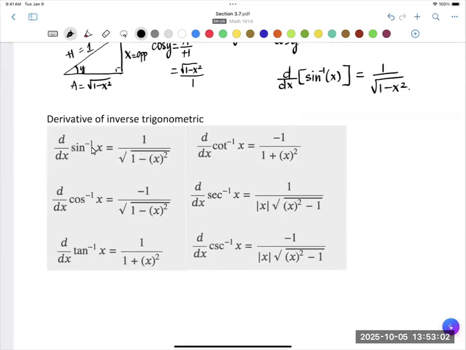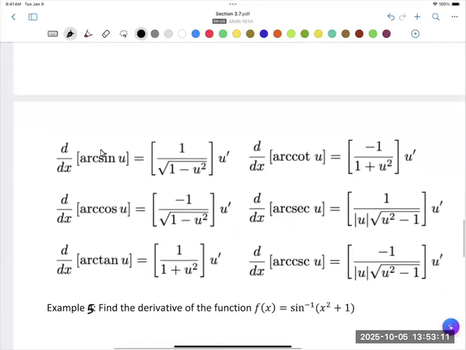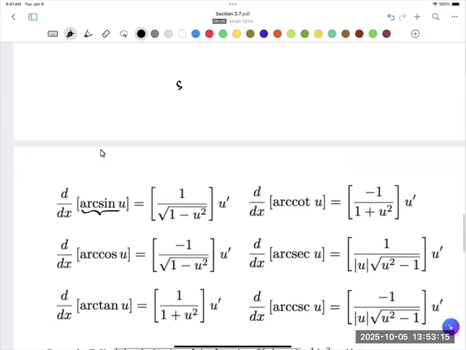Also, of course, these functions may have a chain rule. If you have the derivative of sine inverse of something else that's not x, then it's like u. Just a heads up. The sine inverse function can also be written as arc sine, the cosine inverse function as arc cosine, and tangent inverse as arc tangent.